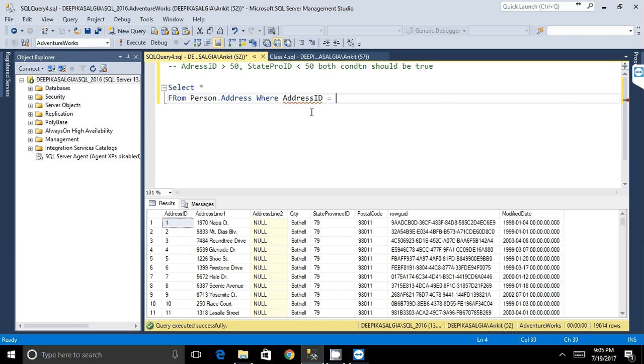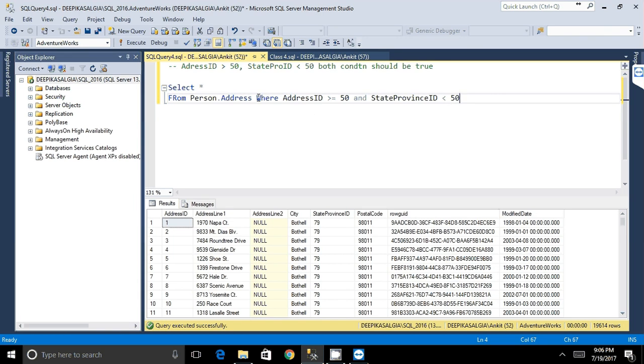Okay. Greater than? Okay. Oh, same sign. Okay. All right.